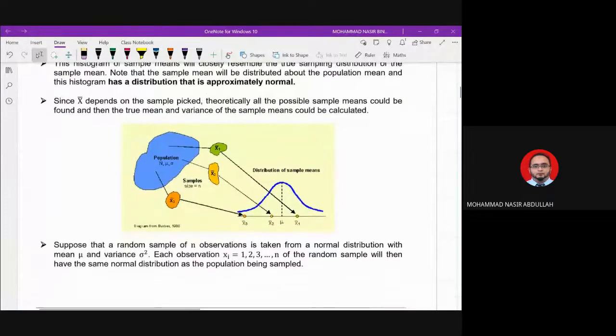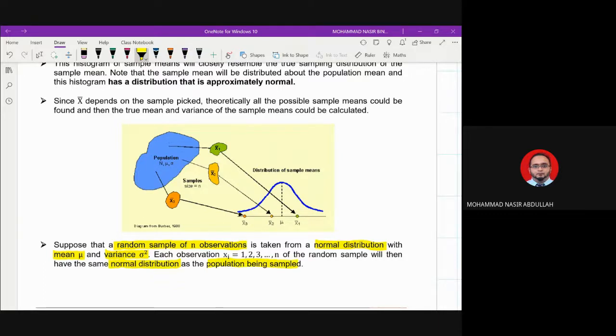Okay. Suppose that a random sample of n observations is taken from a normal distribution with a mean mu and variance sigma squared. Each observation xi, i from 1 until n, of the random sample will have the same normal distribution of the population being sampled. So nampak tak apa yang dia nak terang kat sini?